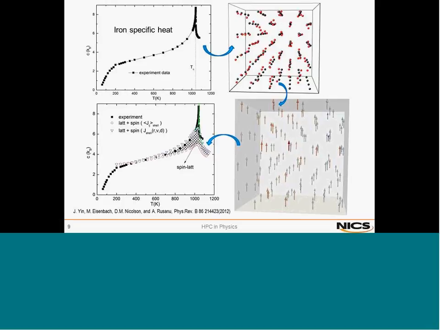This example basically confirms the Landau triangle I tried to mention here. And it's a perfect example to show how high-performance computing bridges the gap between the experimental data and the theoretical understanding.